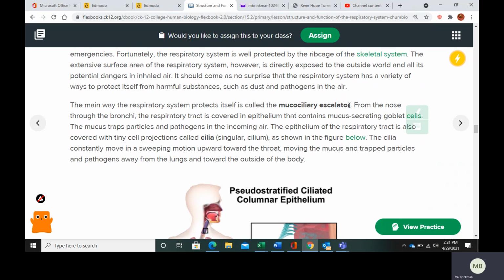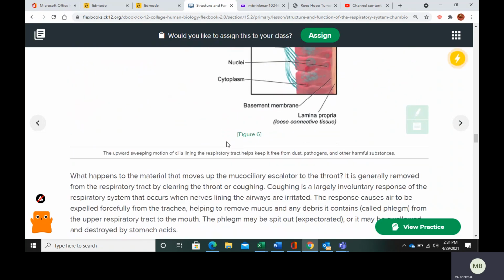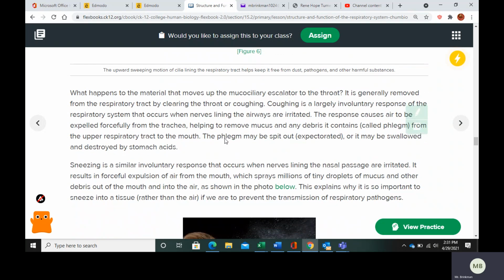Basically, if you breathe in something that you're not supposed to, the epithelium in your respiratory tract secretes mucus, and the mucus traps the particles and pathogens and works them through the respiratory tract via cilia, which are these hairs that brush things toward your throat or your nose, but usually just toward your throat.